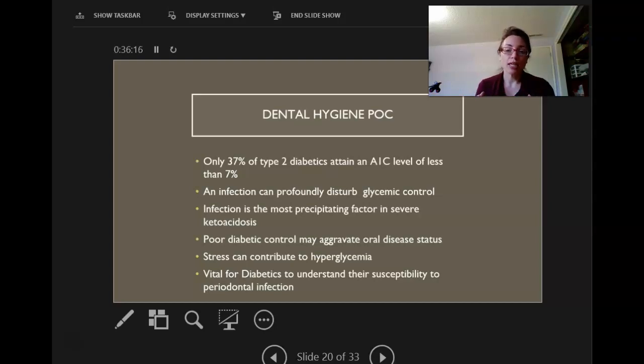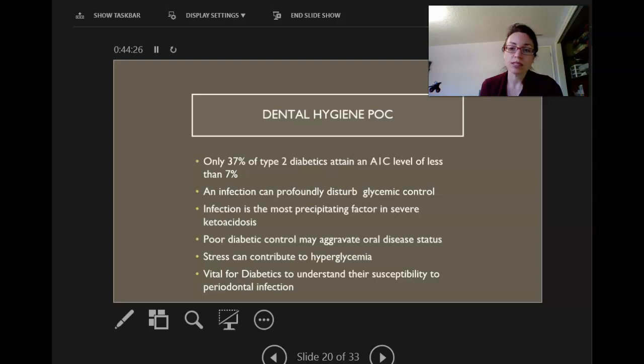So when your body is fighting a chronic infection, there's a cascade of chemical reactions that lead to hyperglycemia, which is everything we don't want a diabetic to have to deal with. That is why it's so important for them to monitor and reduce infection in the body.